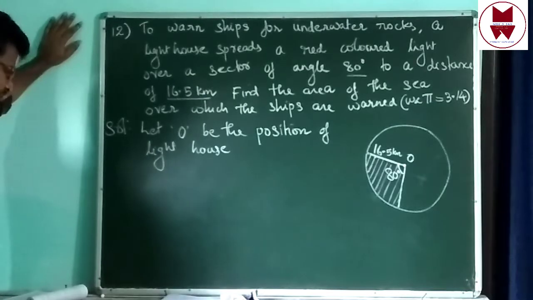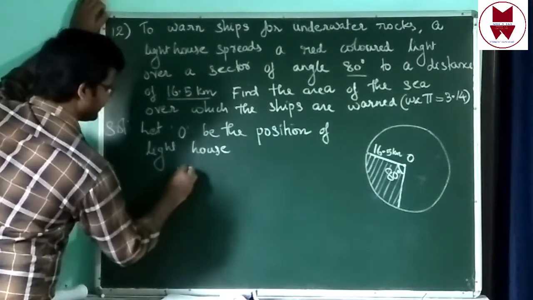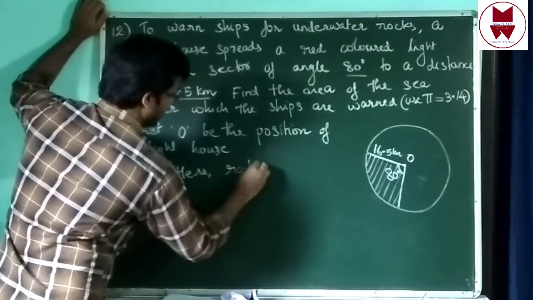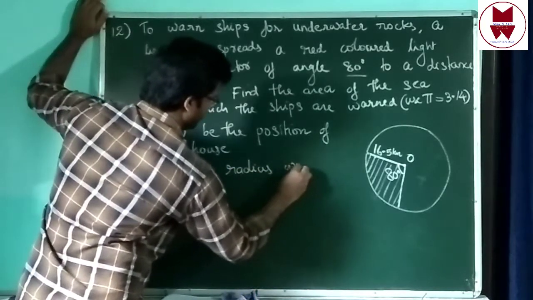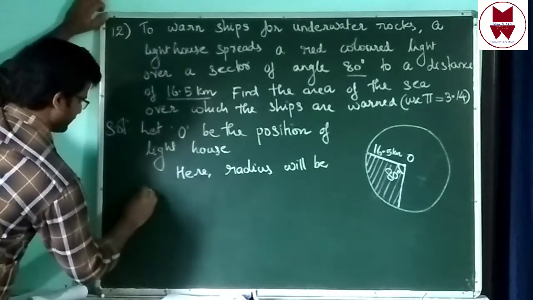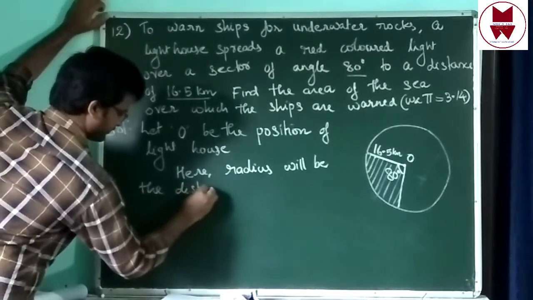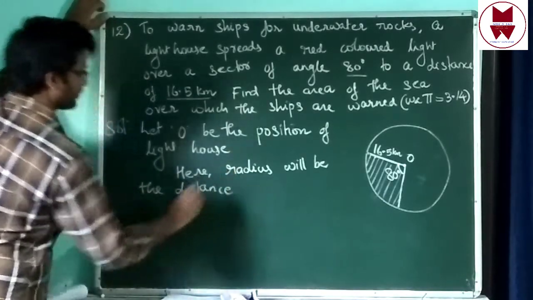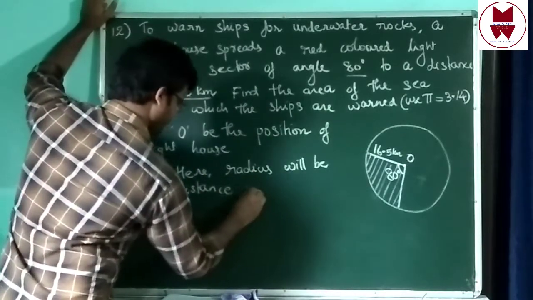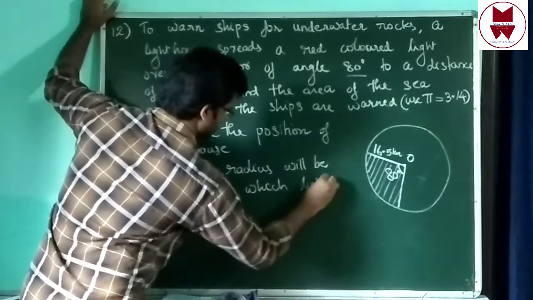Position of lighthouse. Then here radius will be the distance which light spread.